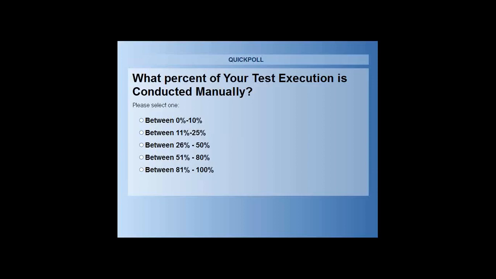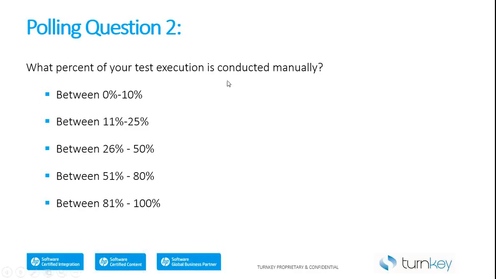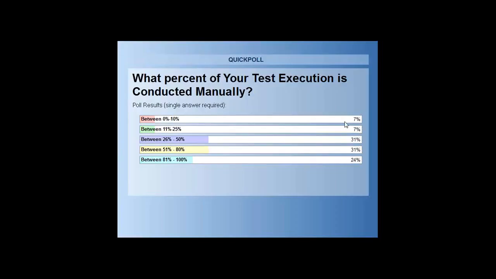Okay, let's see what our results are. It seems that anywhere from 26 to 80% are the more common answers, and then we do have a fair amount going between 81 and 100% of testing being manual. So there you go, Dan.